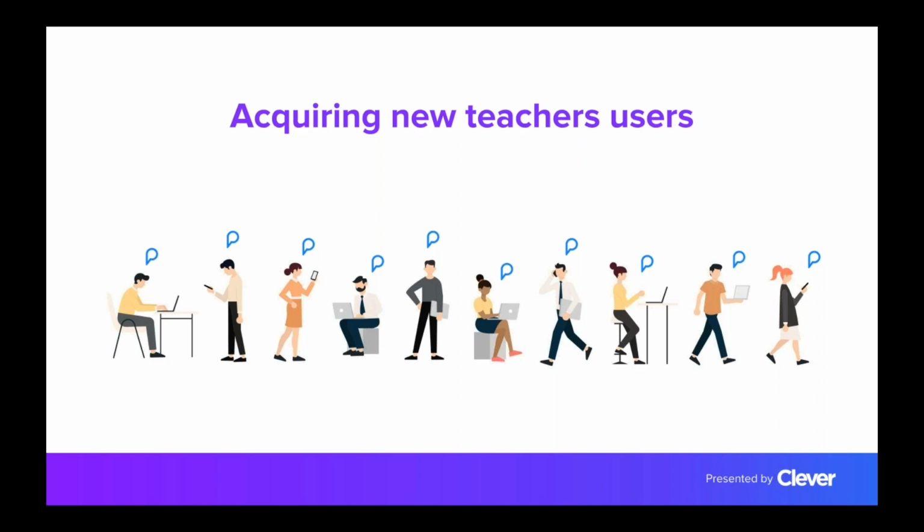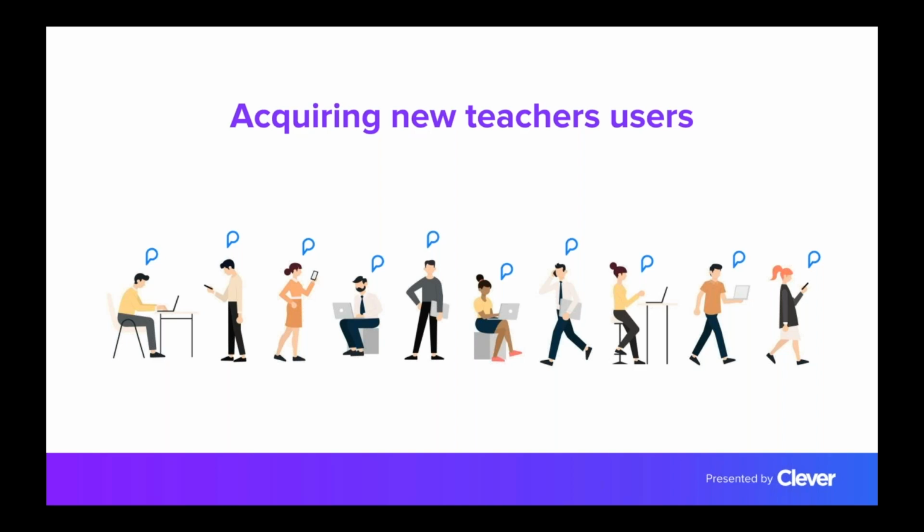And the good thing about the teachers that come through Clever is that they bring with them their students. So when they join with the Clever login, they get a list in Peergrade of their Clever classes, and then they can pull the students in automatically and create the class with the students in them.